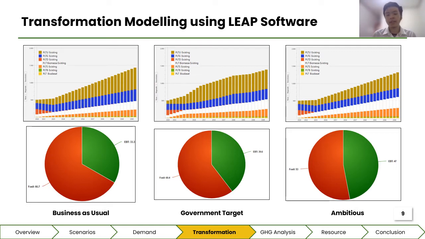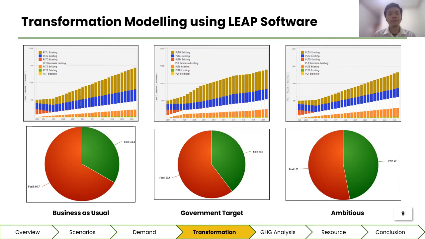For the government target in RUED, it is also shown in the graph that 39.6% of the energy production will use new and renewable energy, or in Indonesian energi baru terbarukan, EBT.